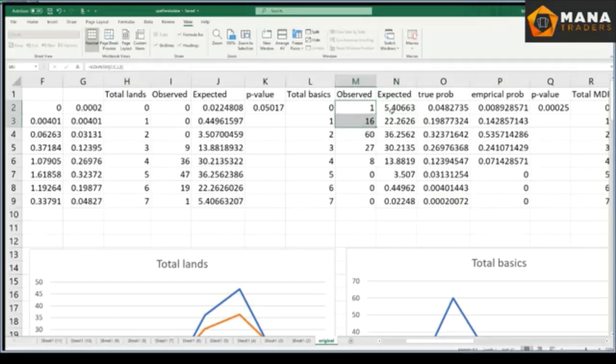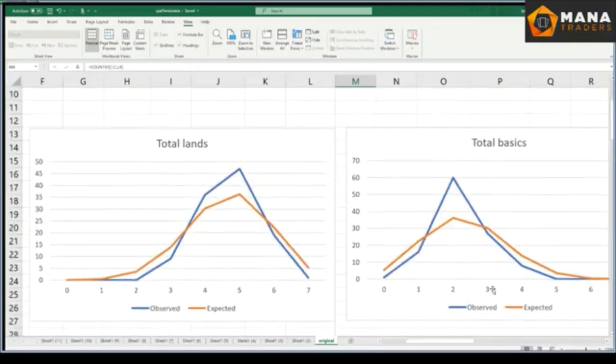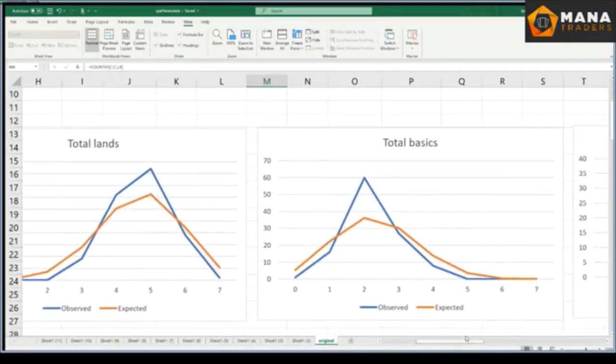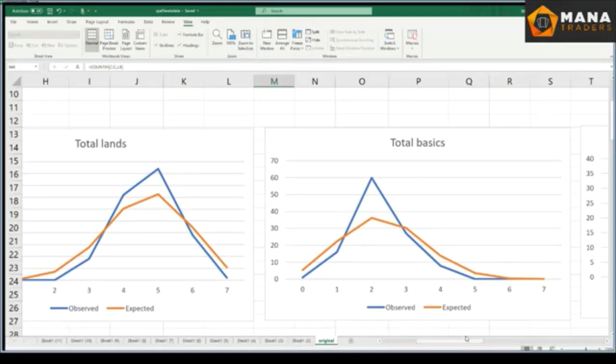So it means that all of those expected counts for the other numbers went to 2 basics, and you can see that here on the graph.